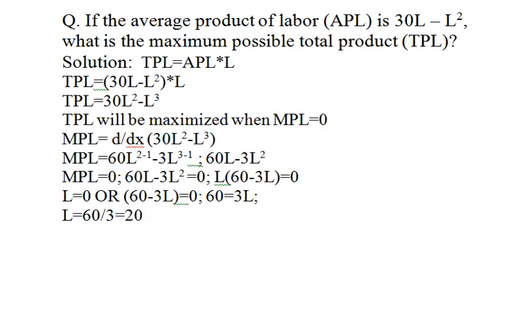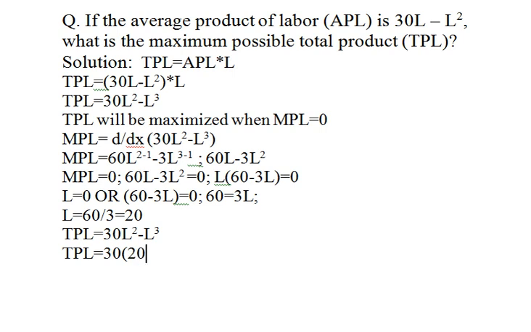So the total product of labor equals 30 into 20 square minus 20 cube. 20 square is 400, and 20 cube is 8,000.